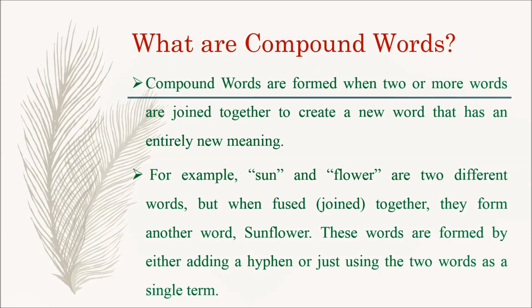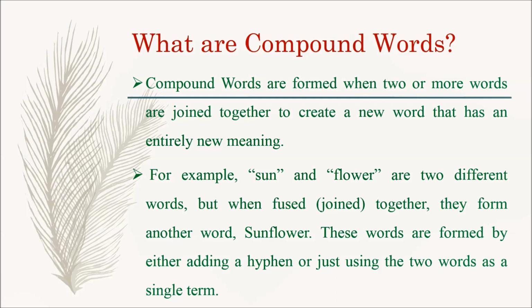Students, first we have to know what compound words are. Compound words are formed when two or more words are joined together to create a new word that has an entirely new meaning.